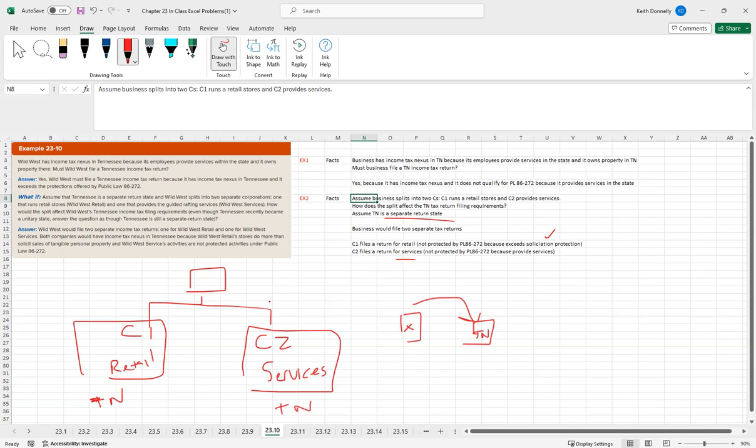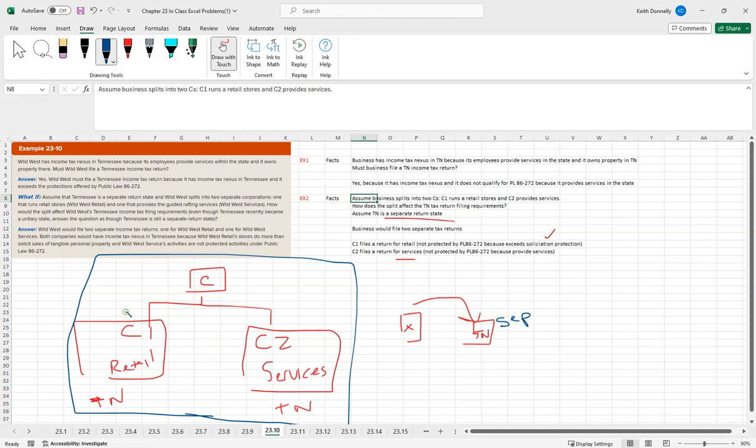So what's the upshot of this? We have a business. For the Fed return, they're going to file a consolidated return for all of those. For the state, if Tennessee is a separate return state, to the extent each of the corporations have nexus, they have to file their own returns there. So here there would be two state level returns.